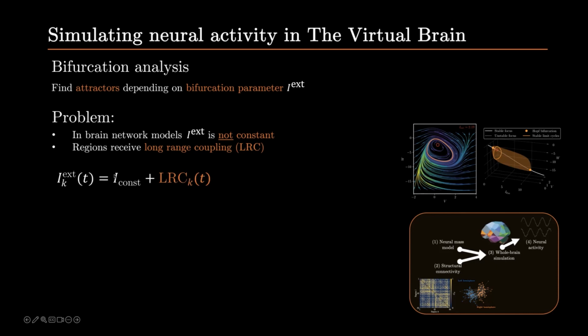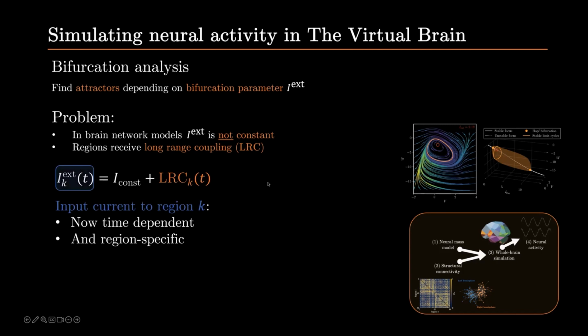It usually consists of some constant component plus the long-range coupling and plus noise if you have noise in your model. So this is now the input current, which is time-dependent, and it's region-specific.